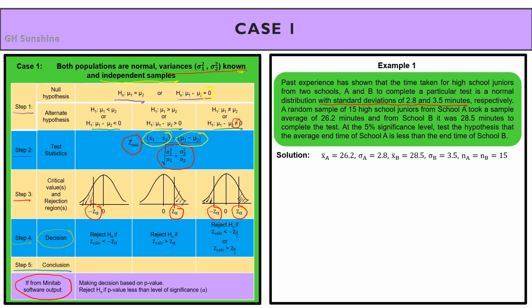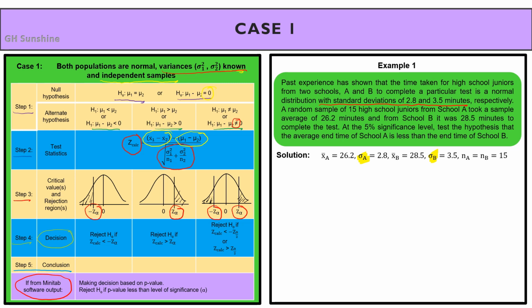Okay, first, list all the information given. Sigma for school A is 2.8, sigma for school B is 3.5. Sigma represents the population standard deviation.